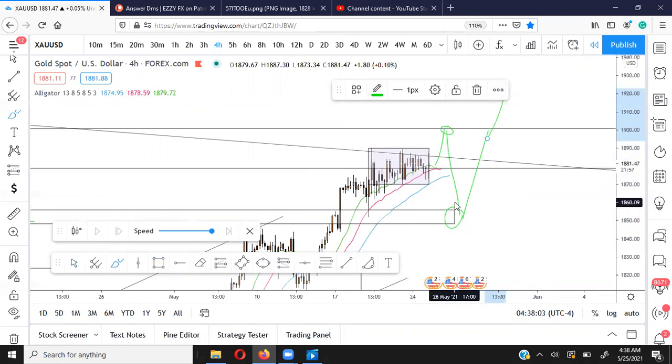But if the US dollar continues to get stronger than gold, you will see gold continue falling. But that's just opinion. We can't really comment on that until we do a full fundamental analysis.